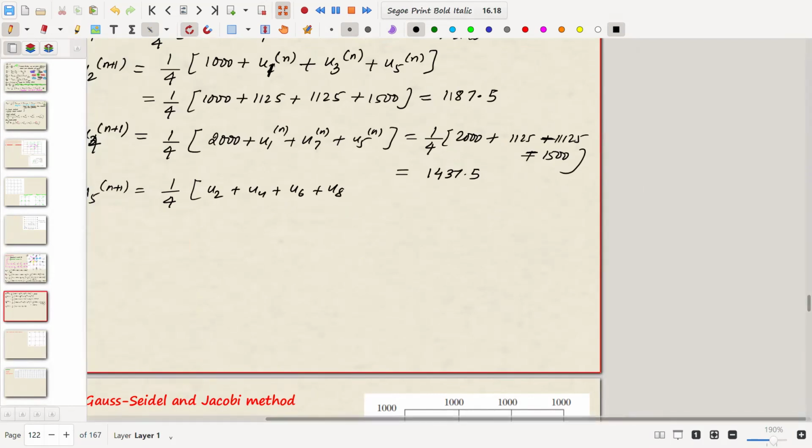Is it correct? No. It has to be the nth iterate. So what should be the value? 1 by 4 of this total value. 1187.5 plus, U6.